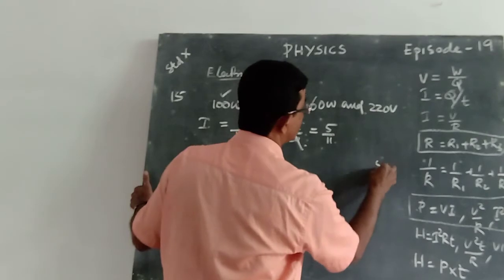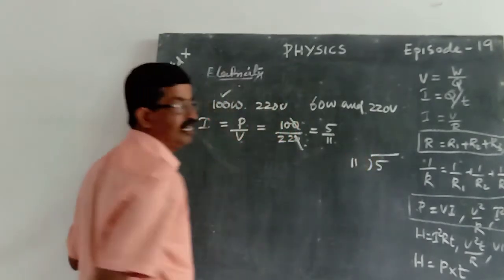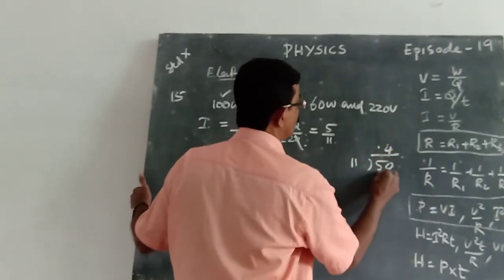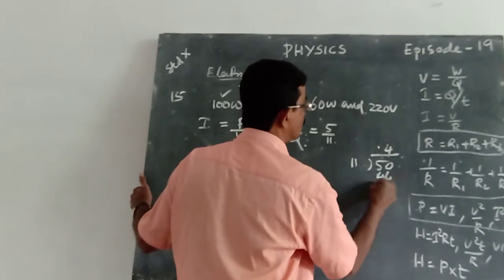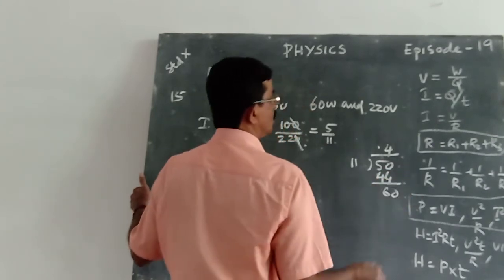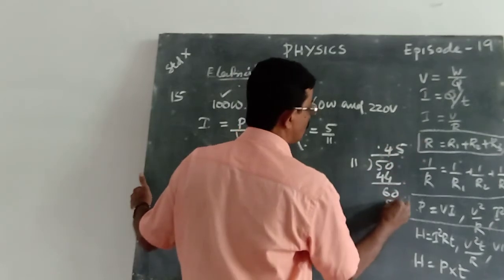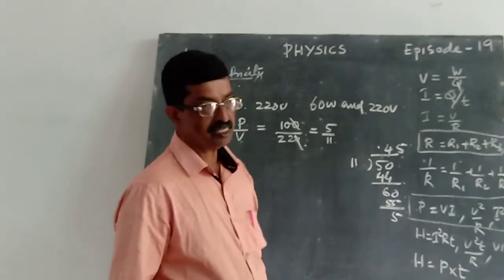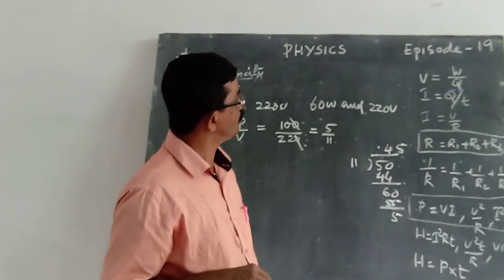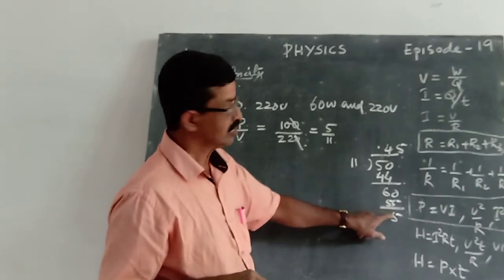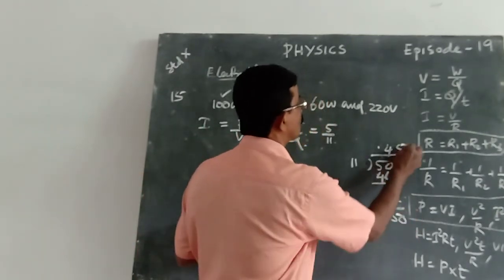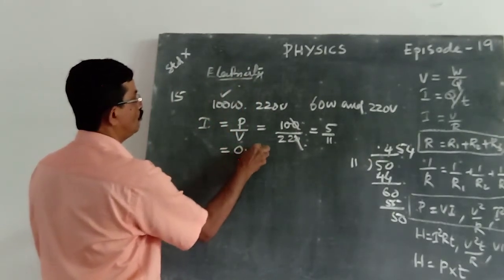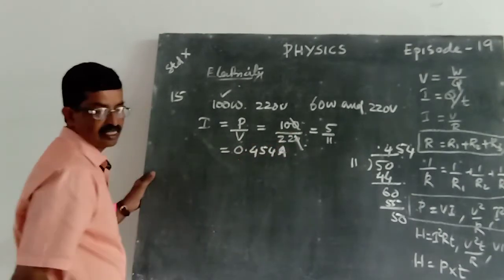Dividing, 11 times 4 is 44, 11 times 5 is 55, so it will come as 0.454 ampere. This is the current.